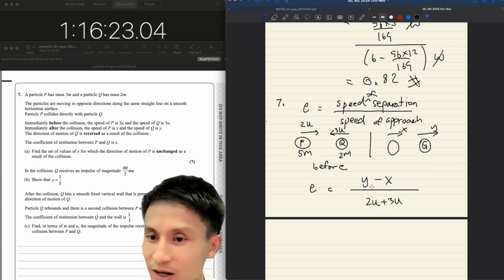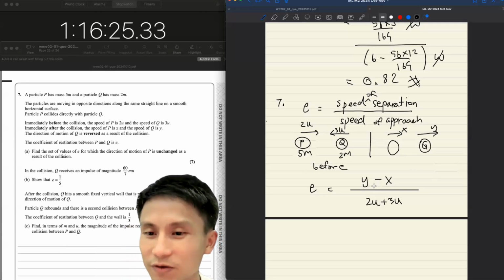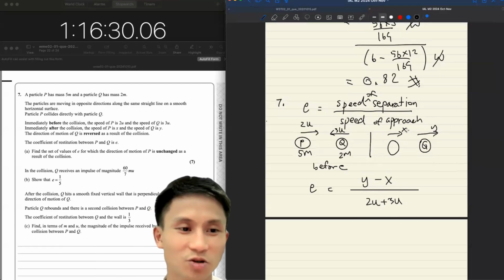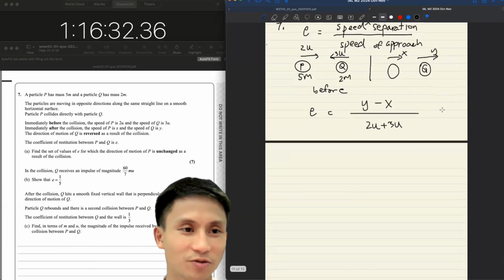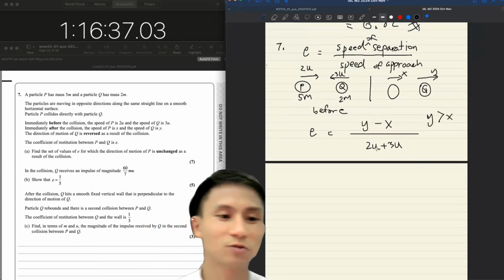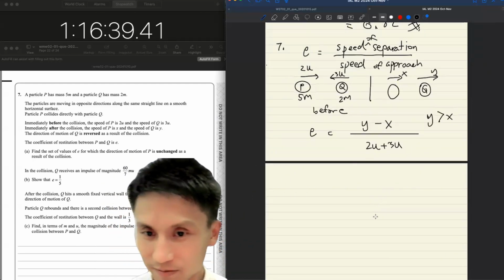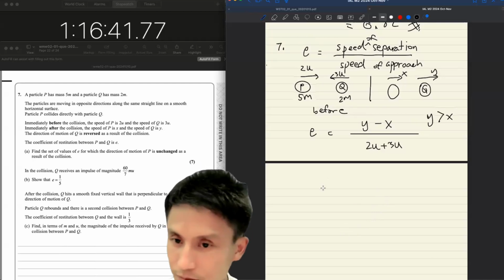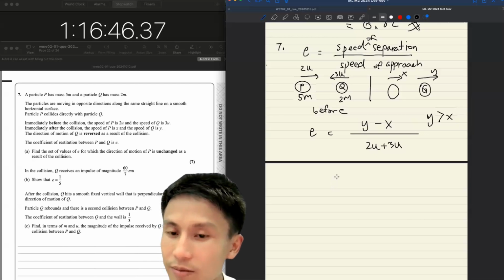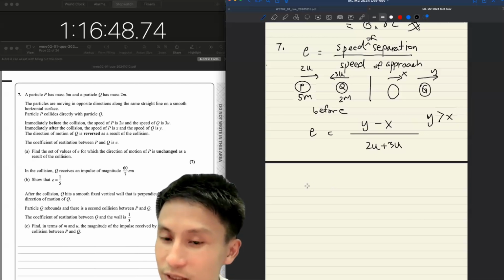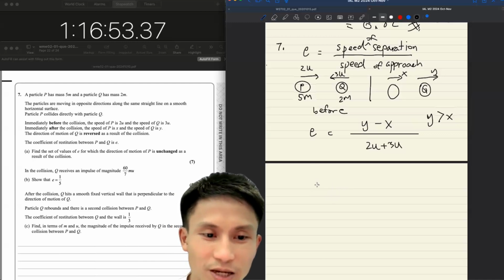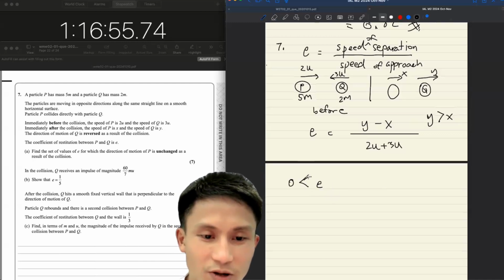Now we want the set of values of E for which the direction of motion of P is unchanged. So that means x must be a positive value, right? And here we know that y must be greater than x, otherwise it wouldn't make sense. Let me take a look at more details here. So E must be a value greater than 0 anyway.